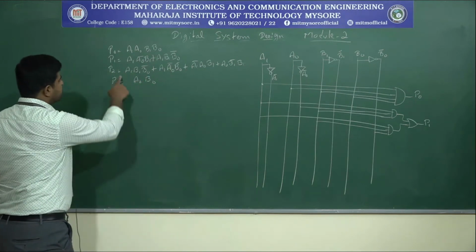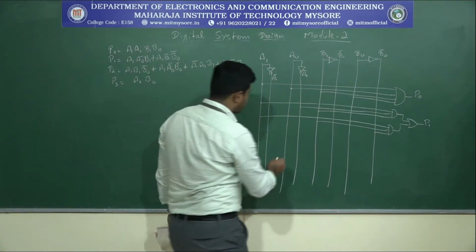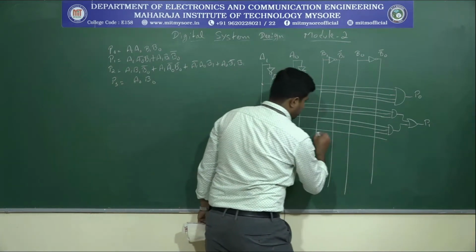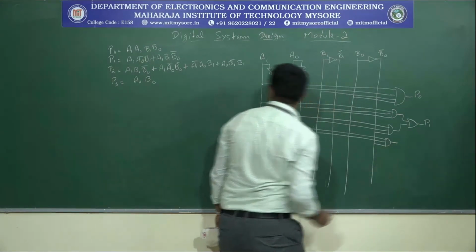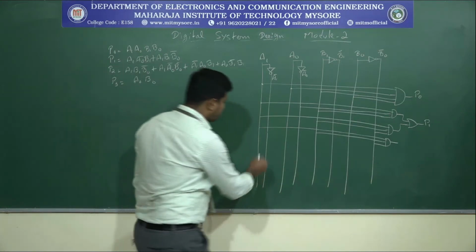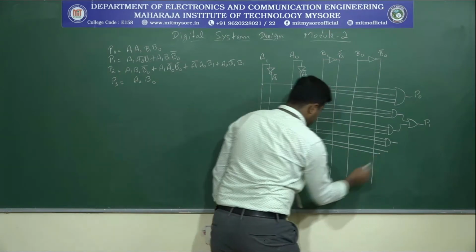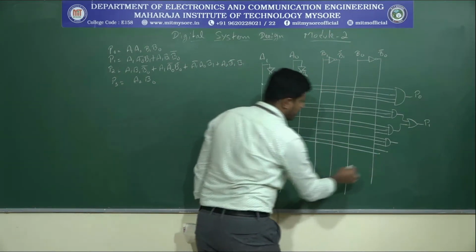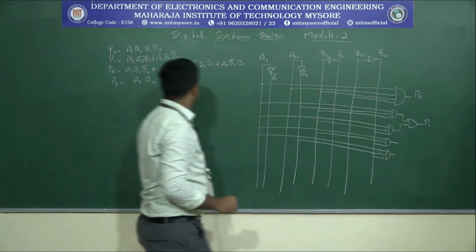Okay, so next is the P2, so A1 B1 B naught bar. Okay, next A1 A naught bar B naught bar, this is A naught bar and the B naught bar, this should be AND.